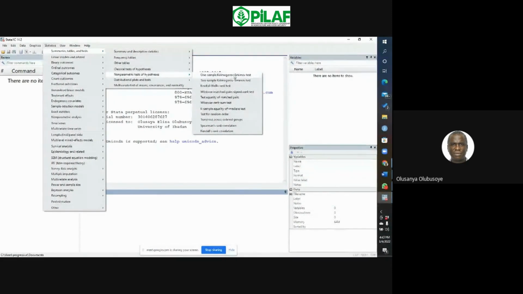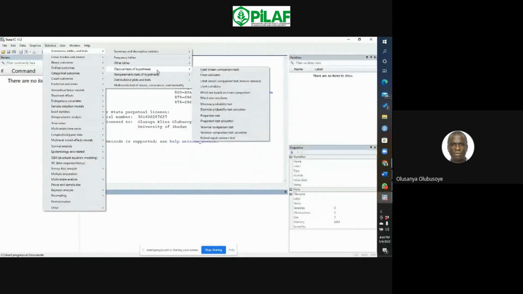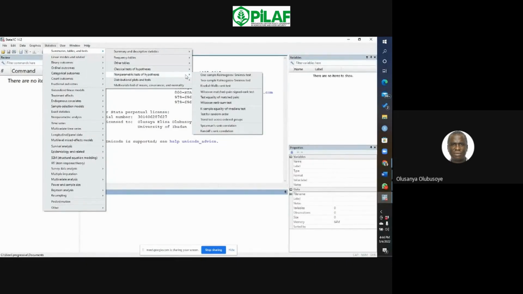They are there: one sample Kolmogorov, two sample Kolmogorov, Kruskal-Wallis, and so on. Those are for non-parametric. I said that is not our area of concern, but the classical tests are the parametric, the T, and so on, and the non-parametric are the ones you have there.